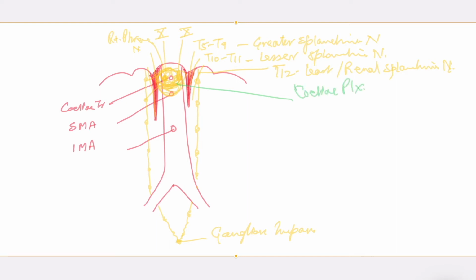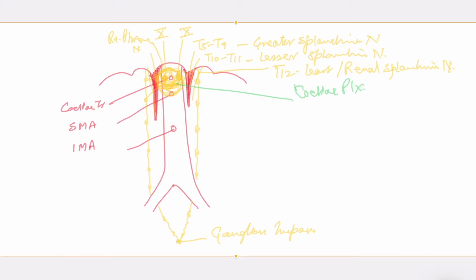The celiac plexus diverges out along these different branches. The plexus around the left gastric artery supplies the stomach, and the plexus along the common hepatic artery supplies the liver. It diverges and reaches the porta hepatis as the hepatic plexus, then the cystic plexus.